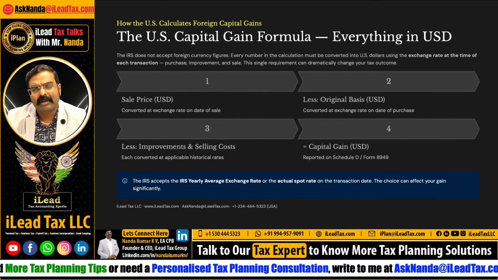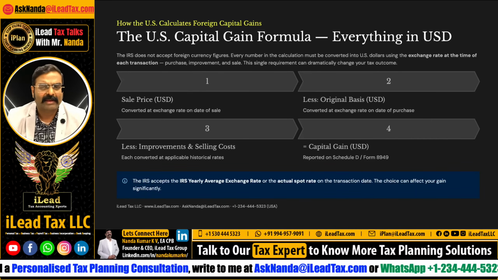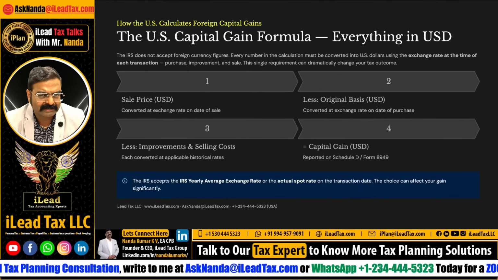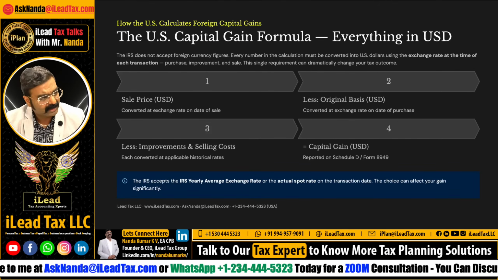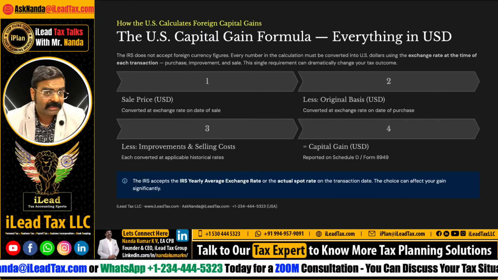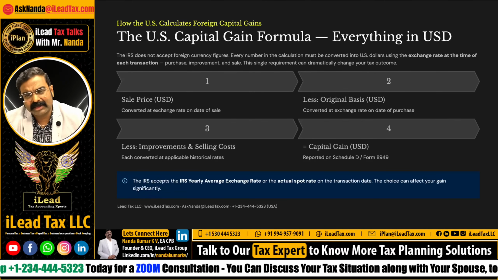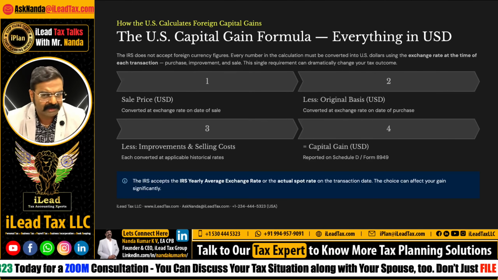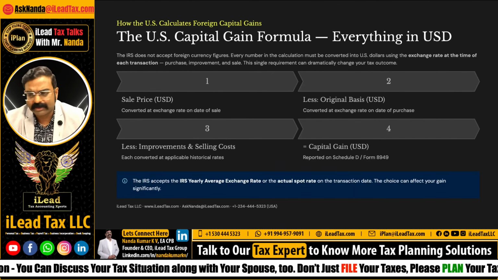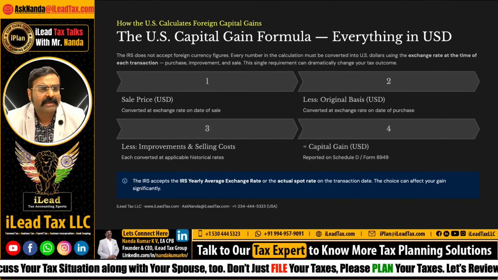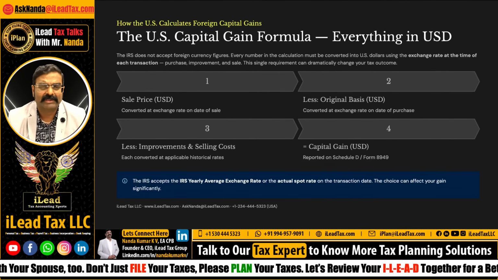Then step 4, add eligible selling costs like real estate commission, legal fees, transfer fees, things like that. Again, converted at the applicable exchange rate. Remember that, okay? And then step 5, the resulting number is your US capital gain. I report that on Schedule D and Form 8949, subject to Section 121 analysis, subject to foreign tax credit analysis if any foreign tax was actually paid.